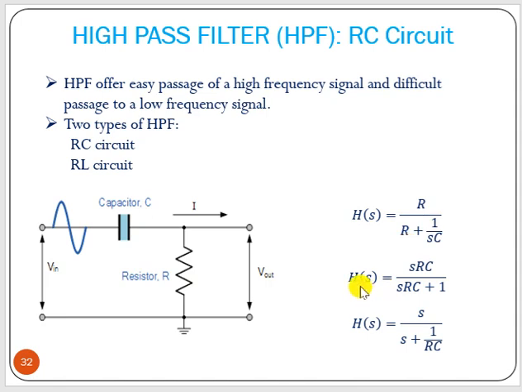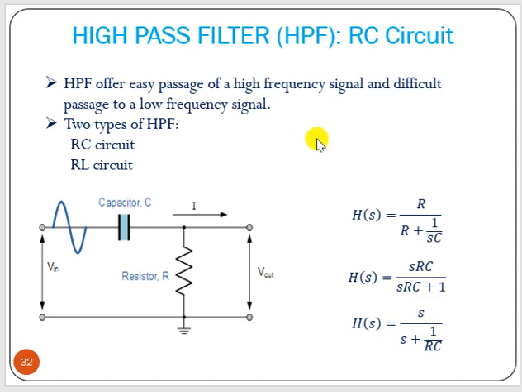So now HS, if you solve it algebraically, you will get HS equal to nothing but S divided by S plus 1 by RC. Now in that case, there is a 0 at S equal to 0.